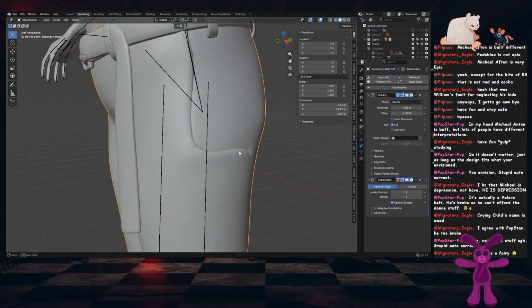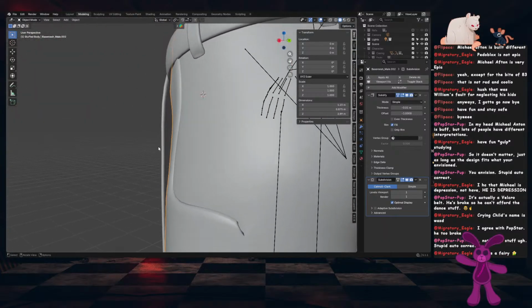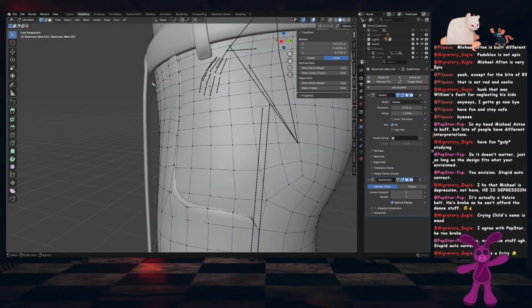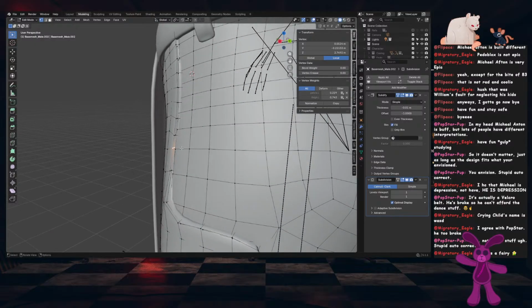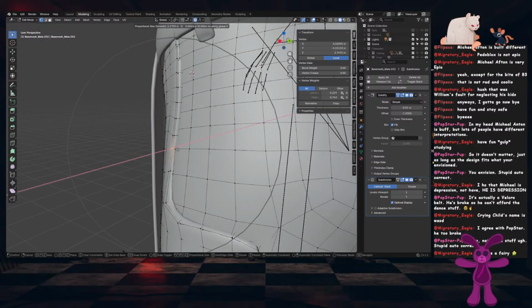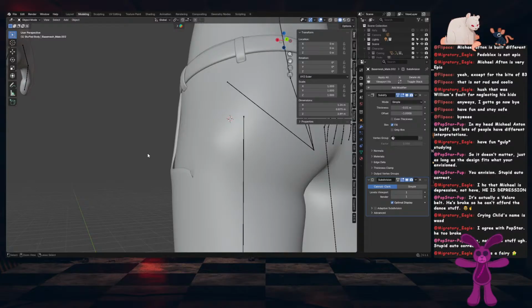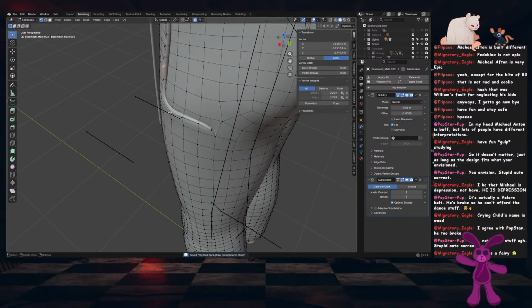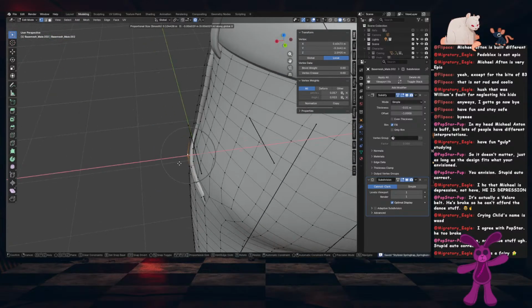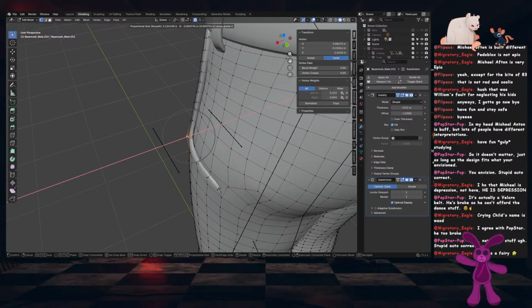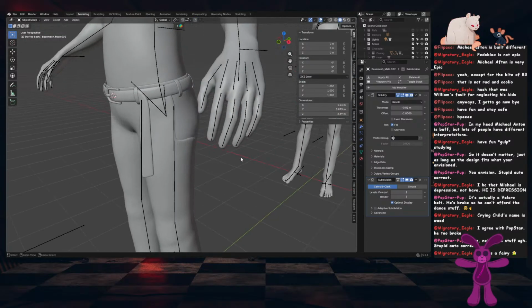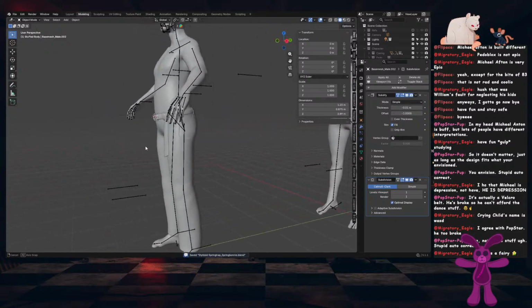Maybe she'll be just as immature. Then I know now what I'm looking for. That moment when you don't know how to model pockets, so you just wing it and it comes out looking okay. I don't know how to model clothes, guys.